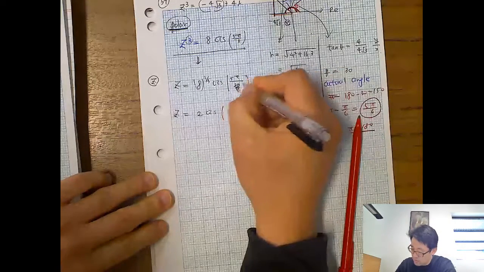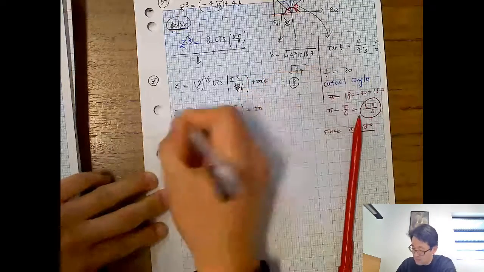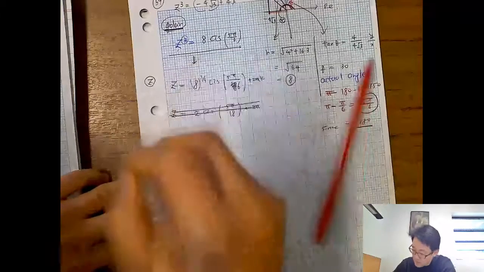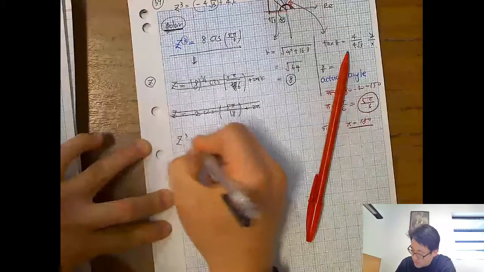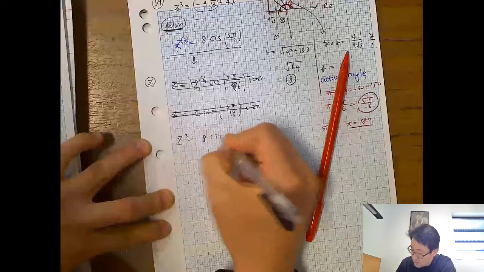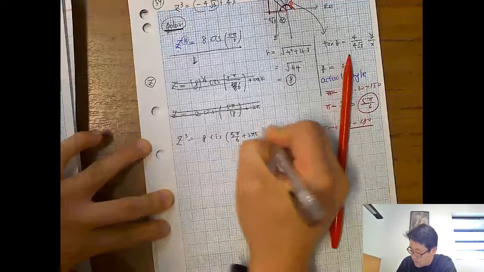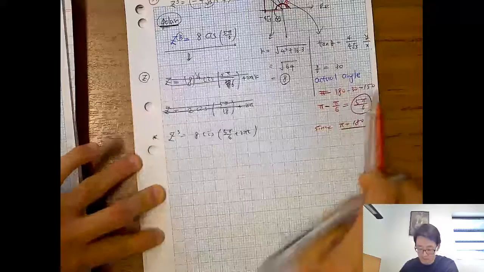Now put 2 pi k here. That makes some calculation easier. Okay, so sorry guys, I'll go back. 6, 5, 2 pi k. That makes some calculation a bit easier.